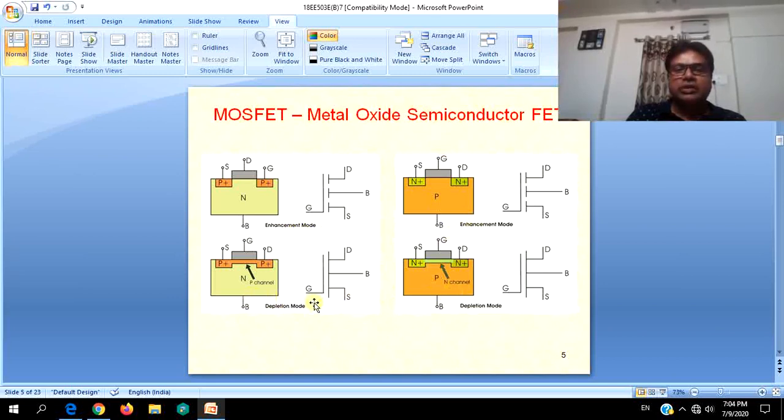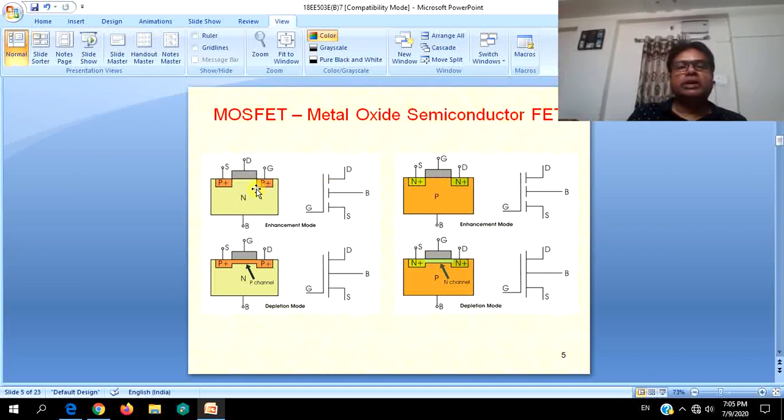and the other two configurations are called depletion mode MOSFETs. These depletion mode MOSFETs require lesser voltages for conduction, and the enhancement mode type of MOSFETs require higher voltages for conduction.